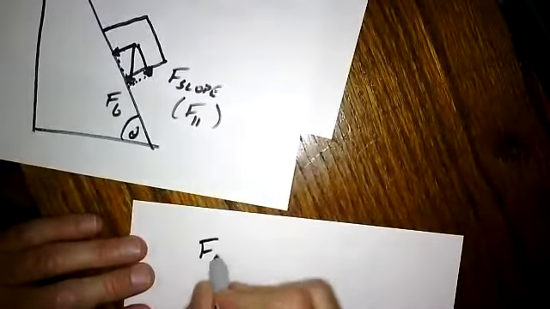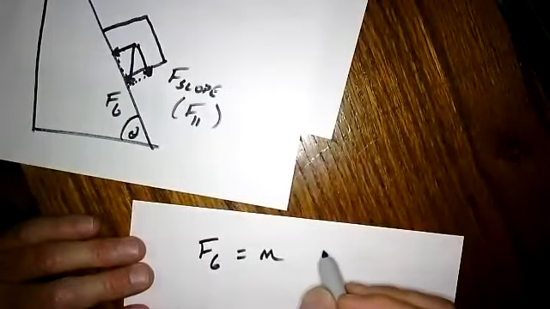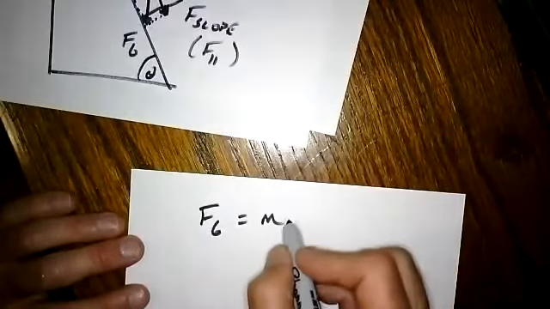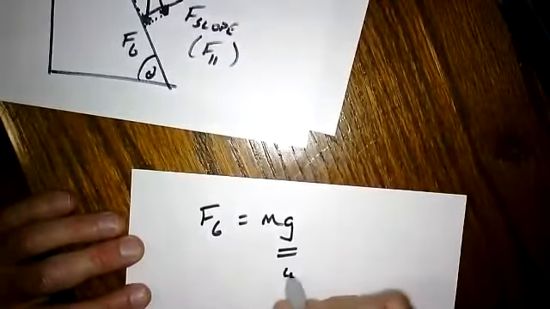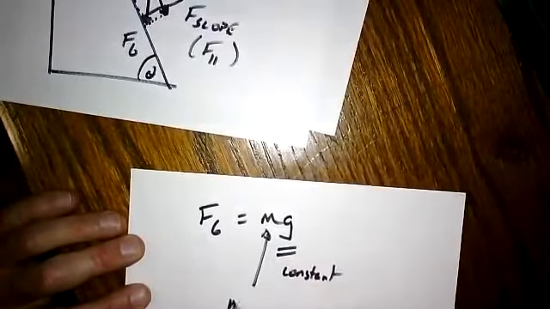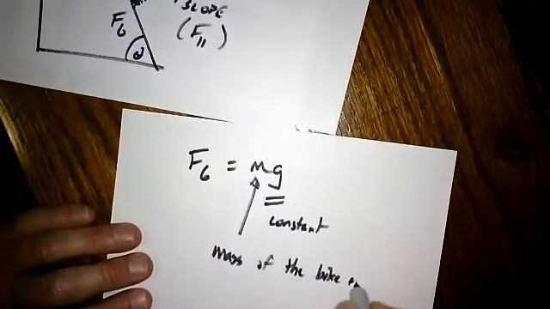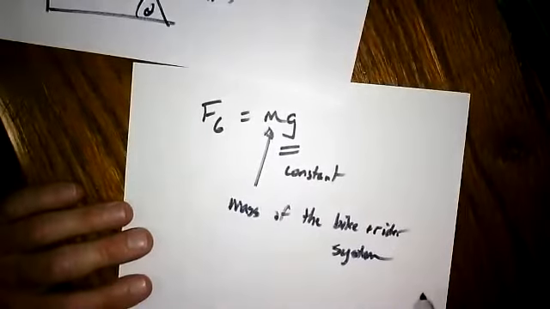FG is equal to the mass of the system times the acceleration due to the force of gravity, which we could put G in here. This is a constant. Mass of the bike rider system. Mass of the bike rider system.